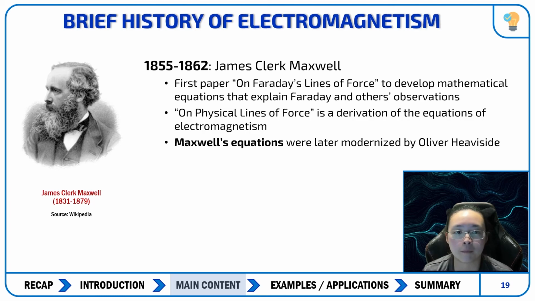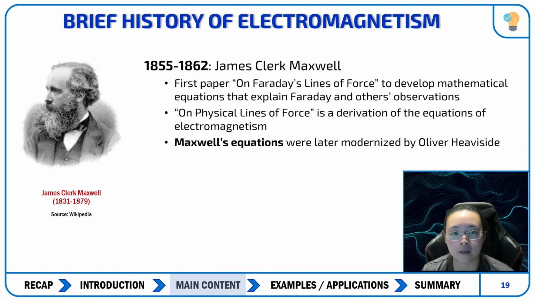Later on, Maxwell, very famous because he invented Maxwell's equations. Between 1855 and 1862, he published a paper called On Faraday's Lines of Force. He developed several mathematical equations that explain Faraday and others' observations of electricity and magnetism and their coupling together.